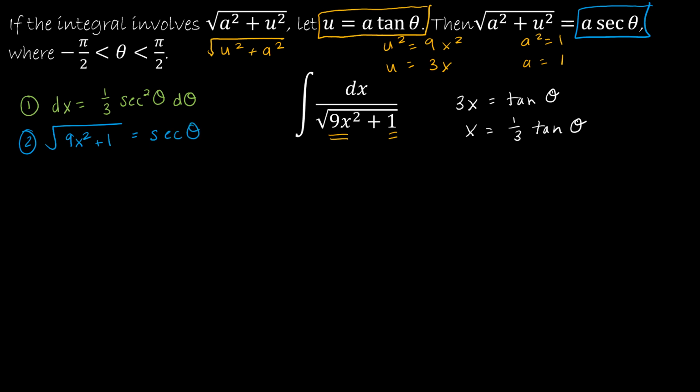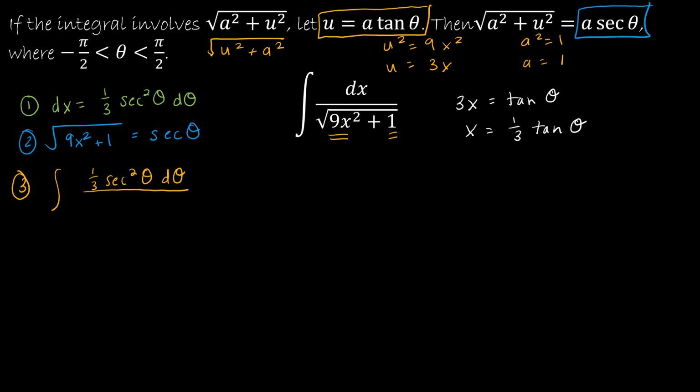So again, I could plug it all in and show all of the work as we did in our first example, but I don't need to because someone much smarter than you or I came up with these great formulas and found the pattern for us. Step 3 is to replace everything I can in my original expression in terms of theta. So dx is going to be replaced with 1/3 secant squared theta, d theta.